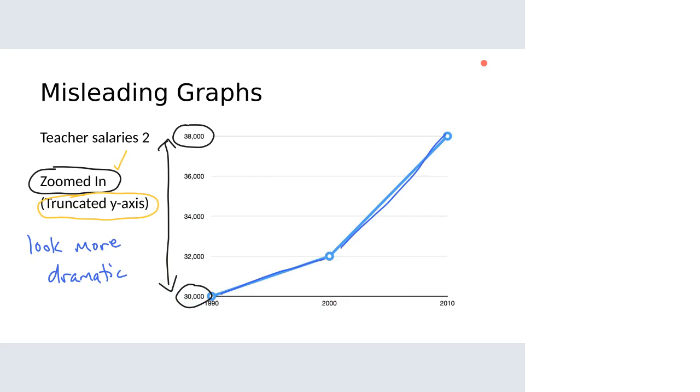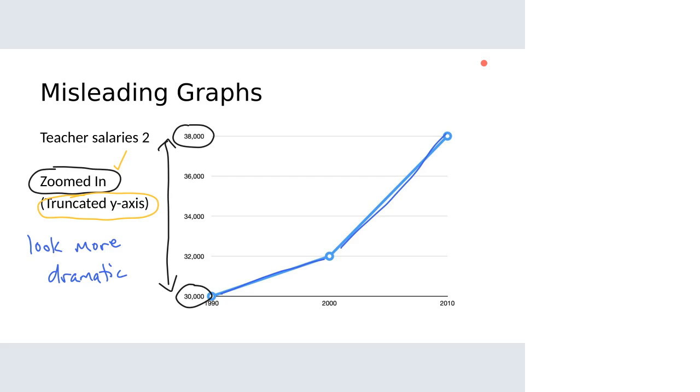A couple of things. I want you to be aware of this just as a consumer of different graphs and different data. I also want you to make sure that this is the kind of thing you share with your students when you're teaching them, that they be informed consumers and don't just immediately look at this graph and go, wow, huge change.